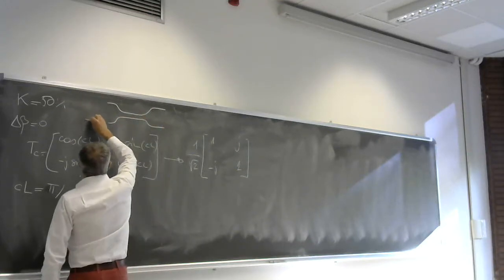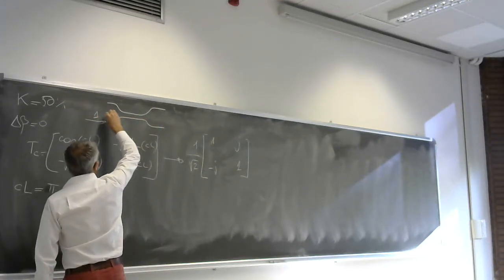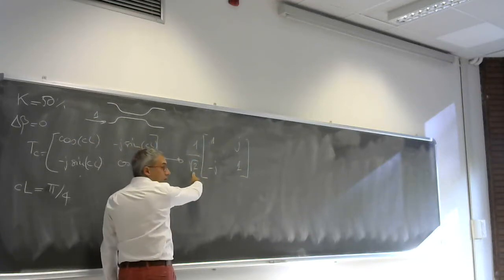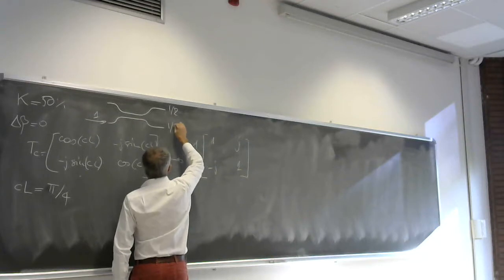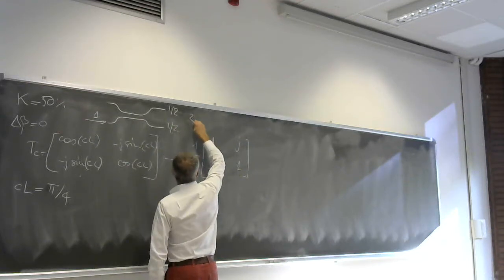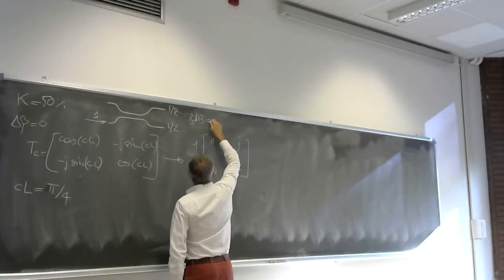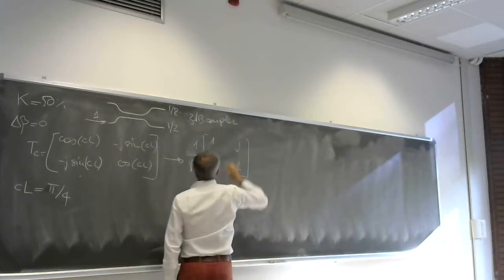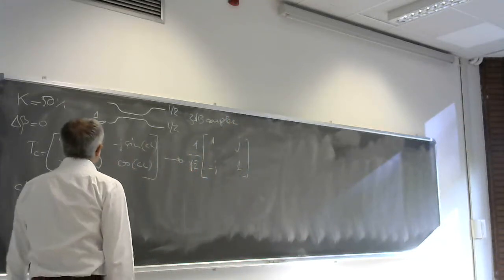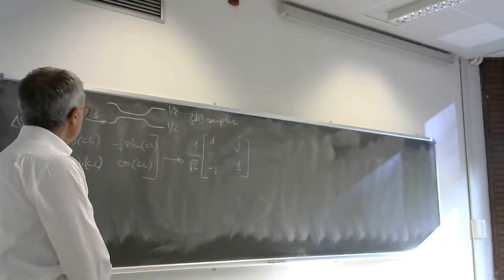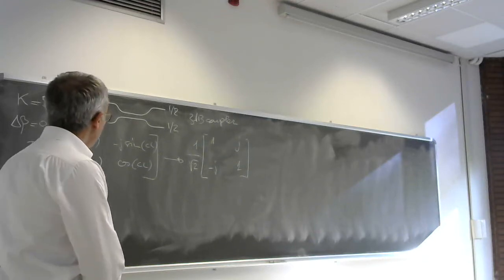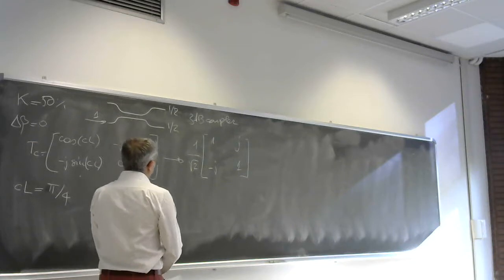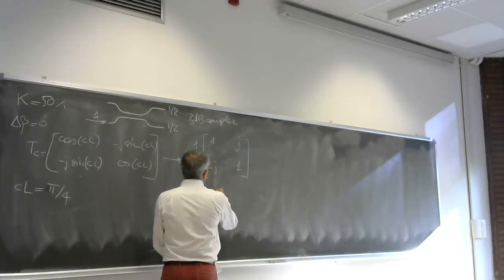So you enter from here with 1, and you exit with 1 over square root of 2. So the power is 1/2 and 1/2. This is also called a 3 dB coupler. The output fields are in quadrature.